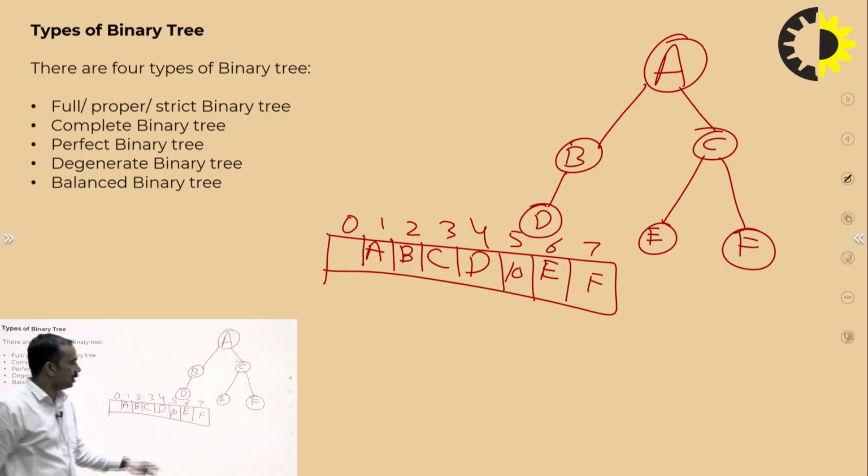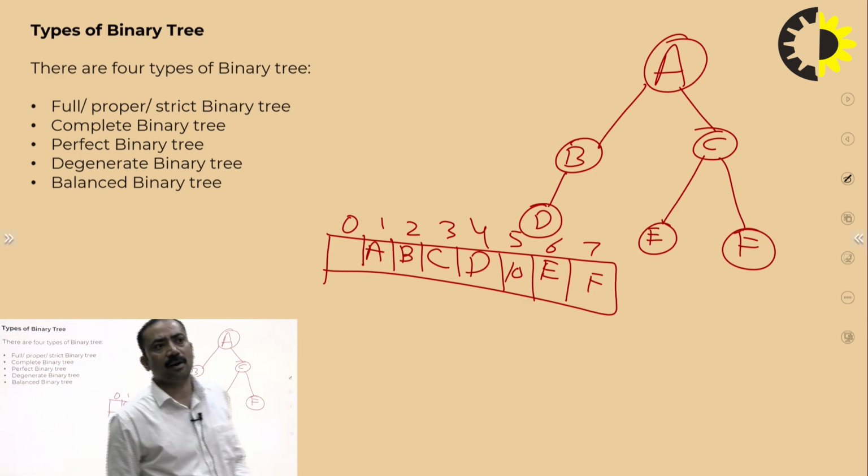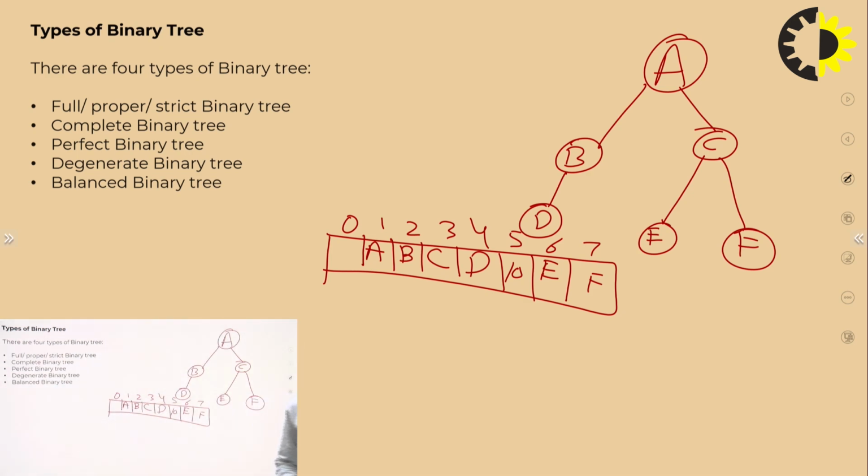So why did I put in these numbers? Location 0 of the array can be used to store the size of the tree, the total number of nodes, and all non-existing nodes are represented by /0.